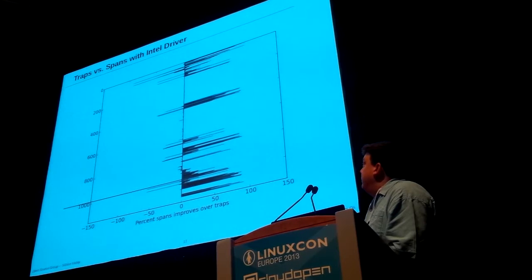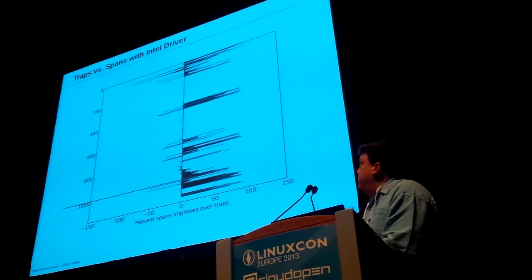And you can see here, first of all, the spans pretty much wins. In most cases, it's considerably better. The second thing you notice is, well, why isn't it always better? What's with the ones that traps does better? And the third thing is there's one that's going off the deep end there. It's actually minus 400%.